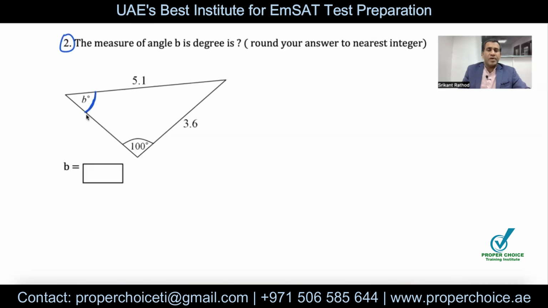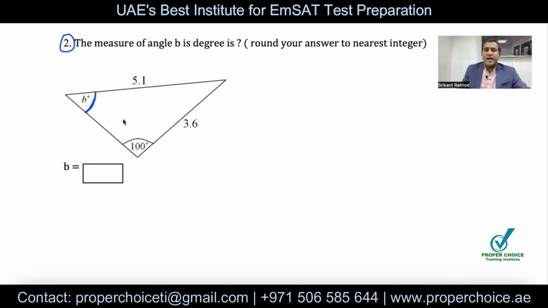Then what should we do? If a question comes up with a non-right angle triangle, you have to apply two other rules in trigonometry: the sine rule and the cosine rule, which we also call the law of sine and law of cosine. So when do I apply which? Should I go with the law of sine or the law of cosine? It depends on the type of question asked and the given information.